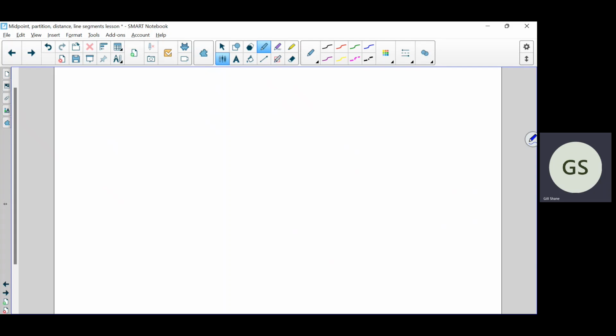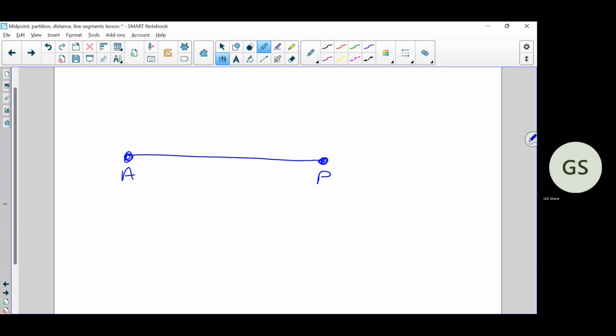Are you ready? Because I'm about to do line segments right now. So if we have a line segment, and if I tell you I put point C between A and B, then it's got to go there. That's what between means.